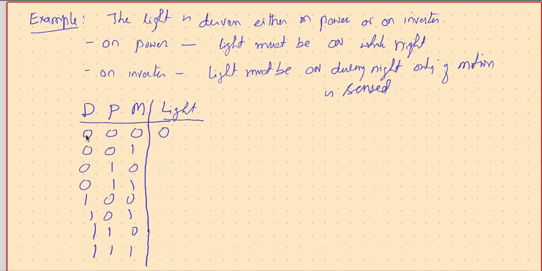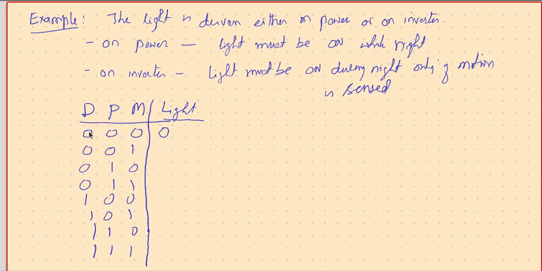Only if motion is sensed should it be on when it is on inverter. Power is off means it is on inverter, power is on means it is on power. Motion sensed is 1, motion not sensed is 0. Day means 1, night means 0. That's the convention we are using.